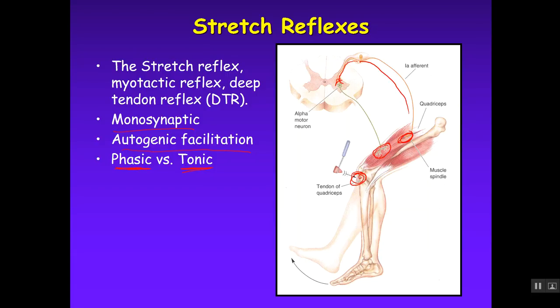When you just move somebody's limb with no pressure on it, like, just relax, give me your leg, you shouldn't feel resistance. But when somebody has problems with their brain, cerebrum, or brainstem, and those descending motor pathways don't keep that reflex dampened down, then you might feel abnormal resistance, this tonic reflex, even when you shouldn't have it. Okay.